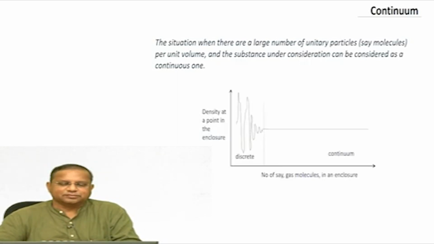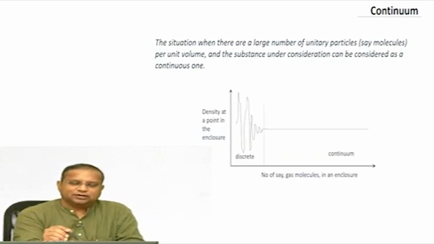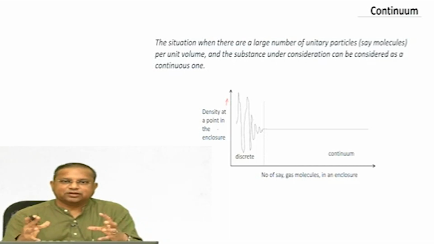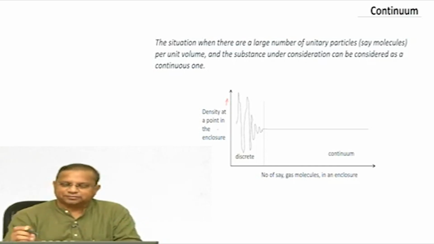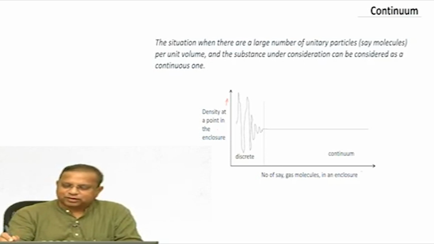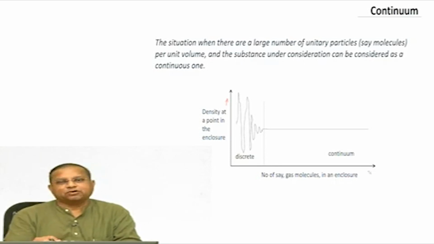It's something like this. If you look at a plot of density, this is the density, at a point in an enclosure that's containing a gas, let us say. And let us say this x-axis gives you the number of gas molecules in the enclosure.